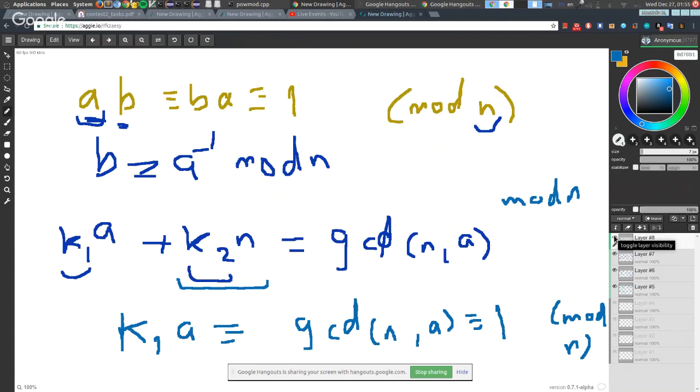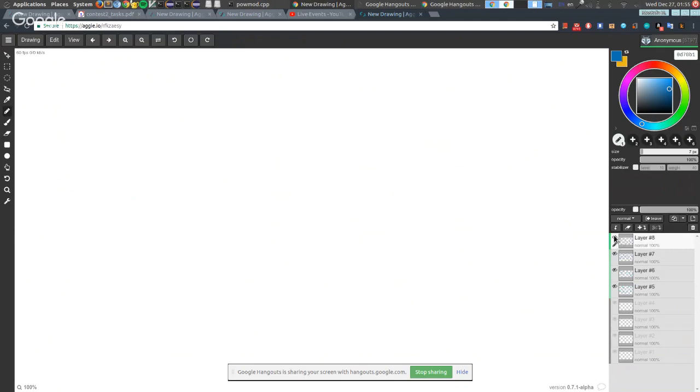The second way: we can solve it if n is equal to some prime p. If we remember from one of the previous lectures, we had this identity, Fermat's little theorem, that a to the power p minus 1 is congruent to 1 mod p.